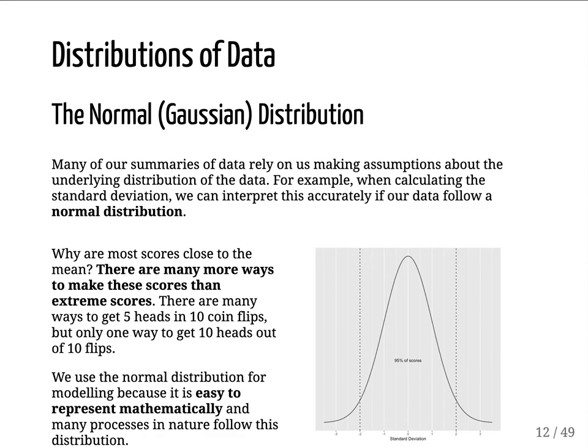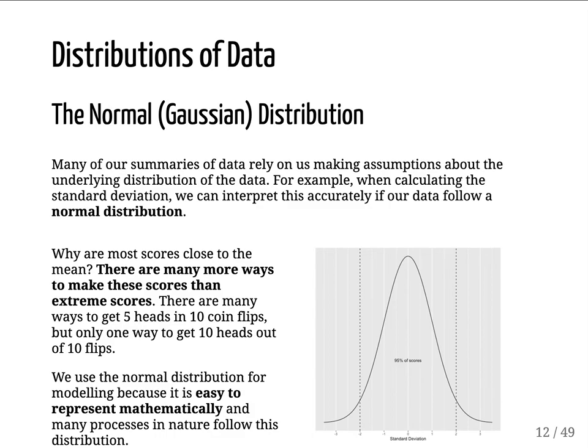One way to think about this would be, imagine I have a coin and I want to flip that coin 10 times. For me to get 10 heads out of 10, there's only one way that I can do that. I need to get heads, and then heads, and then heads, and on, okay? But if I want to get 5 heads out of 10 coin flips, I might produce that by getting 5 heads in a row first, then 5 tails.